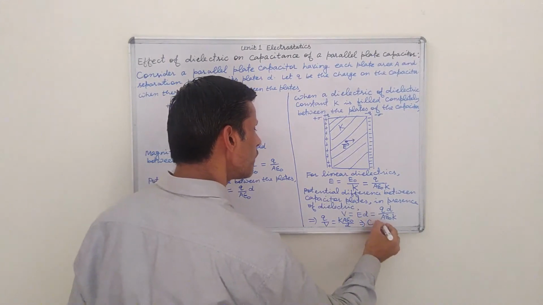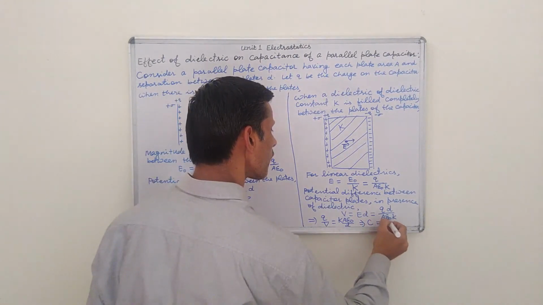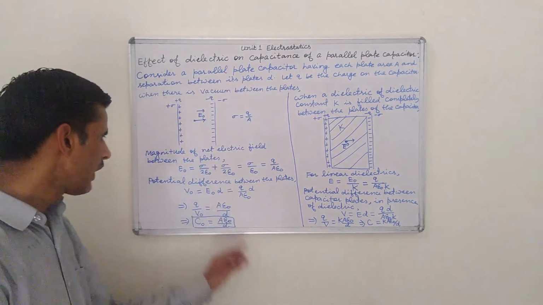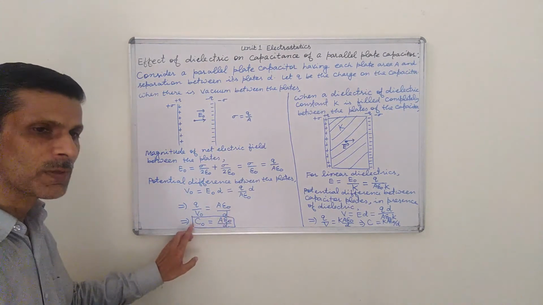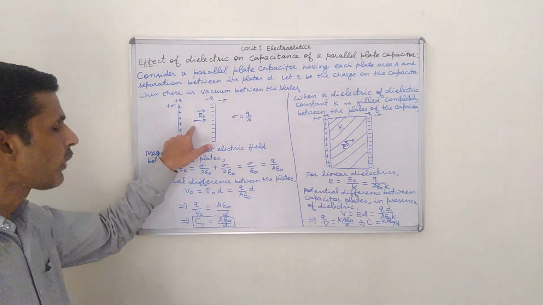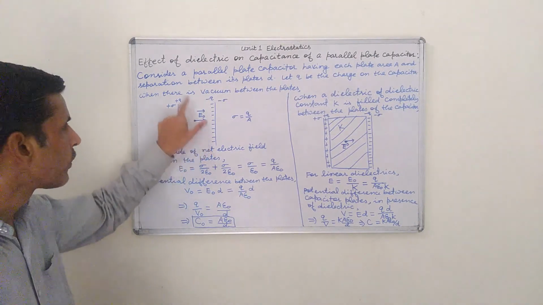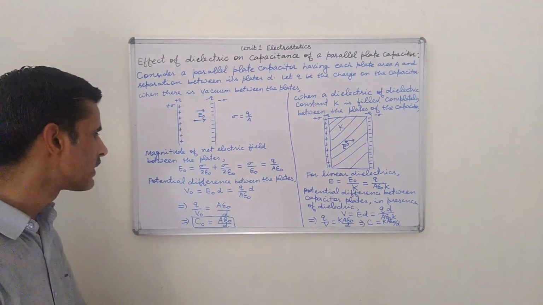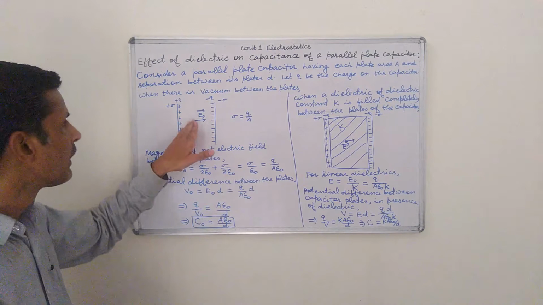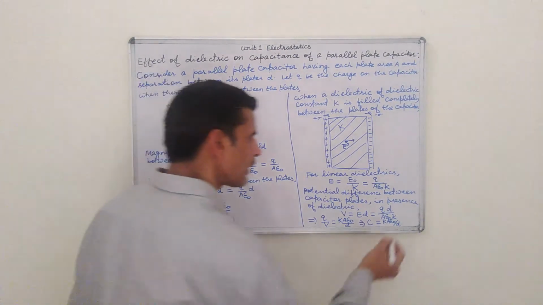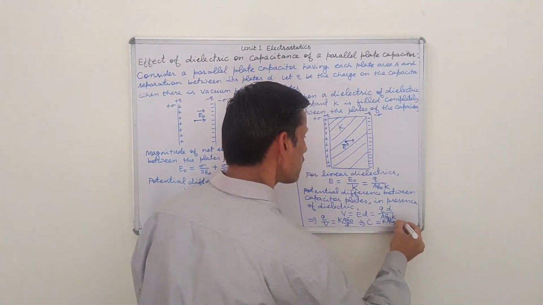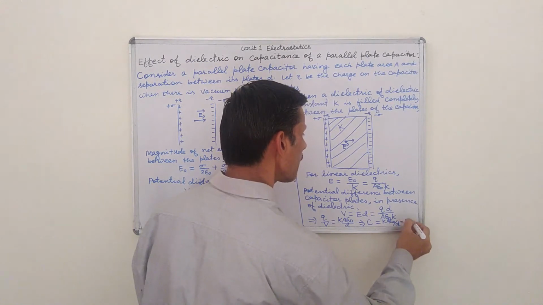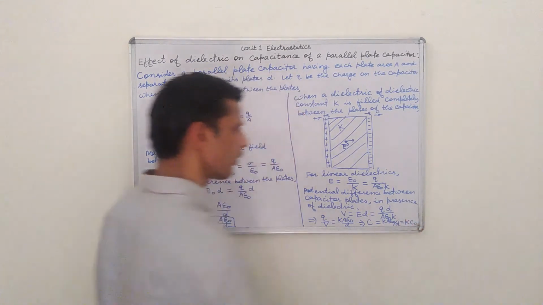So C is equal to, and you have seen A epsilon naught upon D, it is the capacitance when there were no medium between plates, that is in presence of vacuum. This means this is equal to K multiplied C naught.